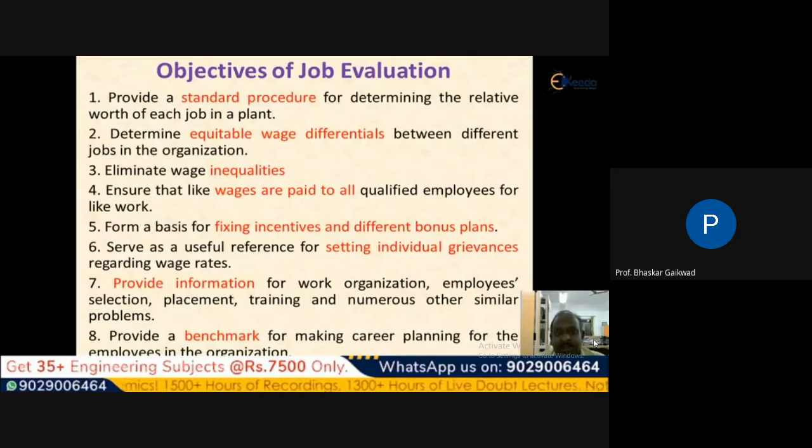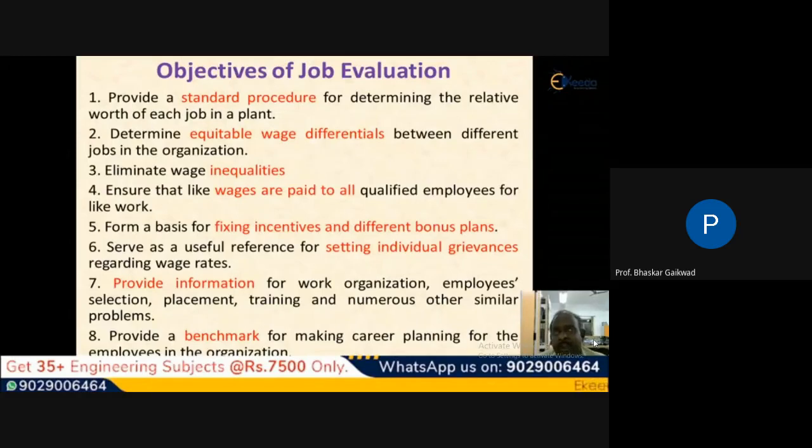Then it ensures that wages are paid to qualified employees for doing this particular job. Then it tells you the incentives or bonus that can be given. Then it provides a set of references for wage rates.